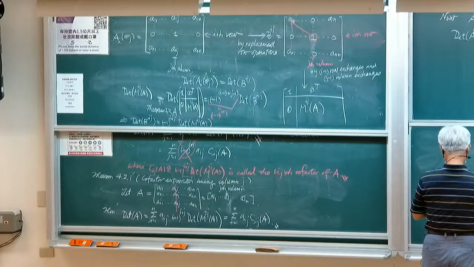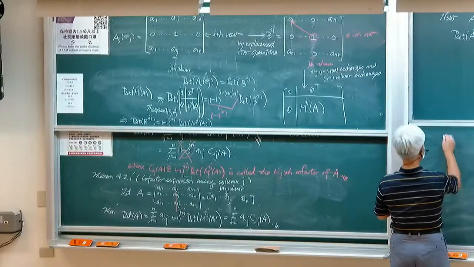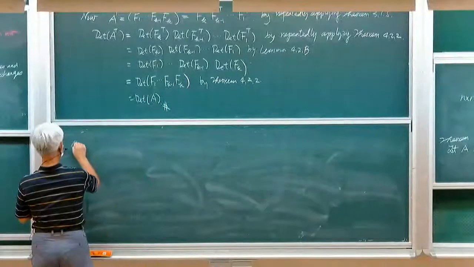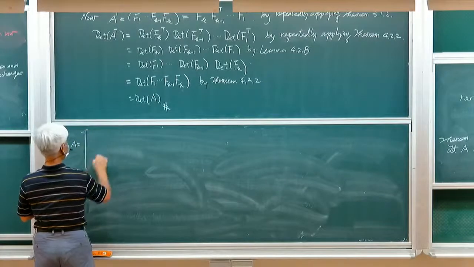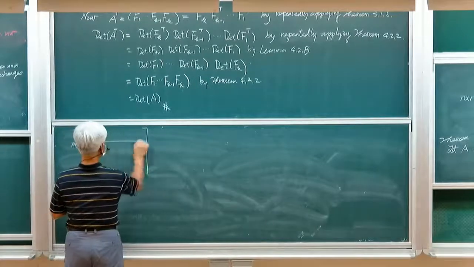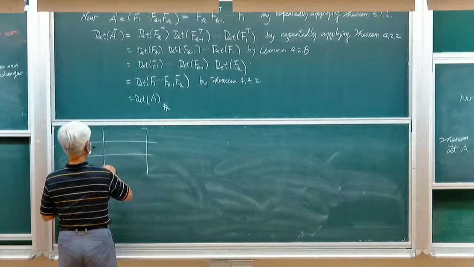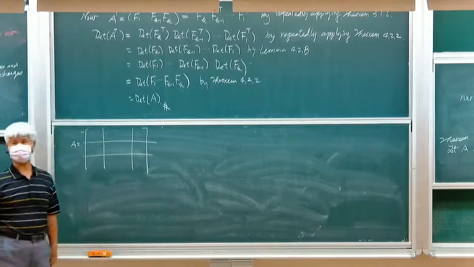So now, for A, you can pick up two rows and two columns.